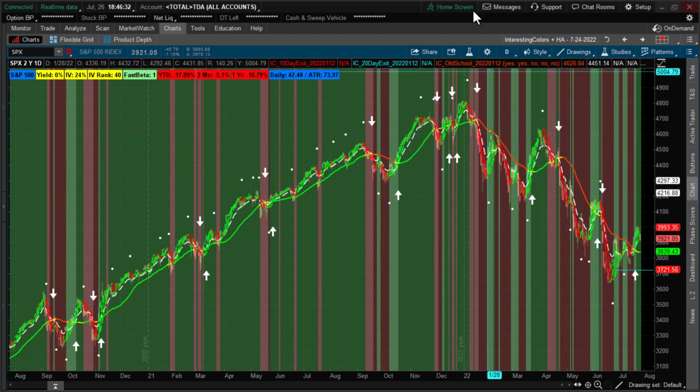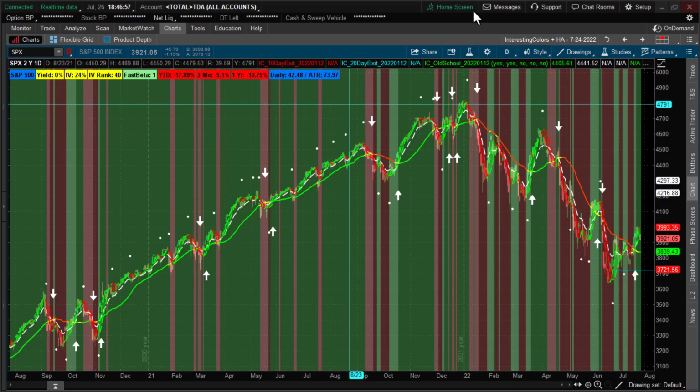So anyway, this is the way the white dots actually work. If you have a really strong bullish trend and the 30-day simple moving average never changes to yellow or green, and you get a white dot, it doesn't necessarily mean you should go bearish.